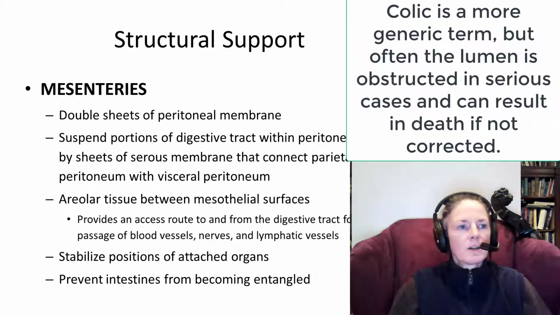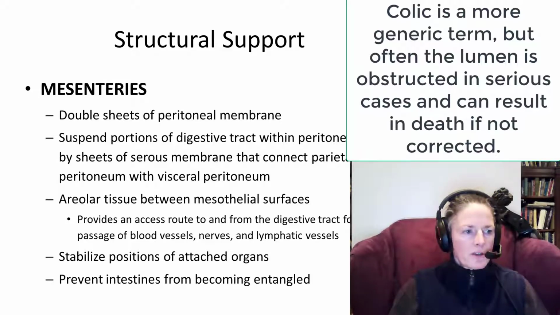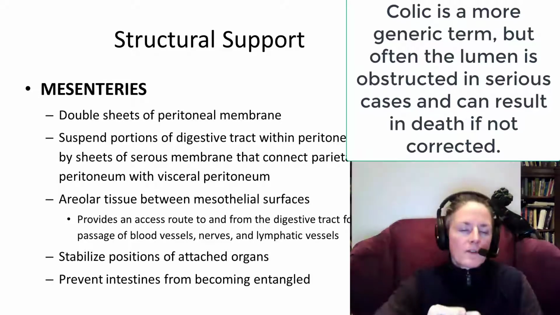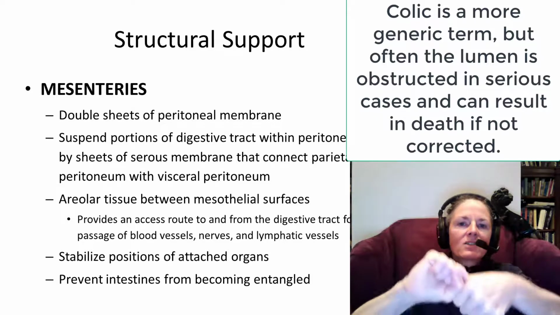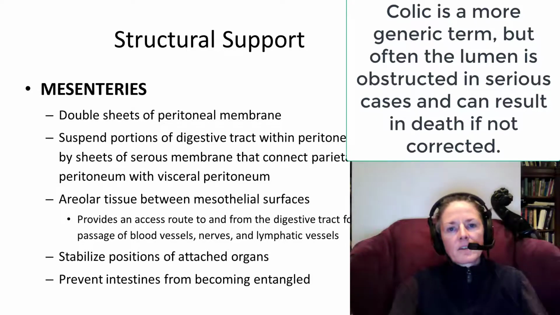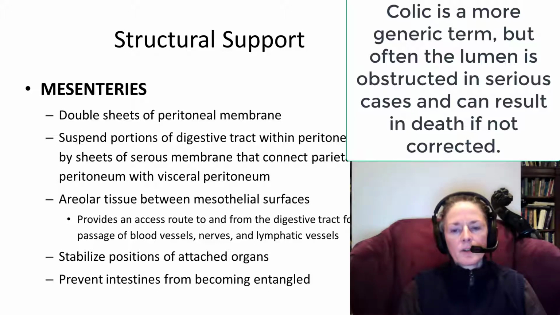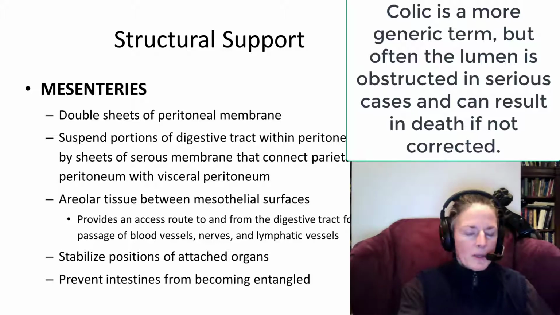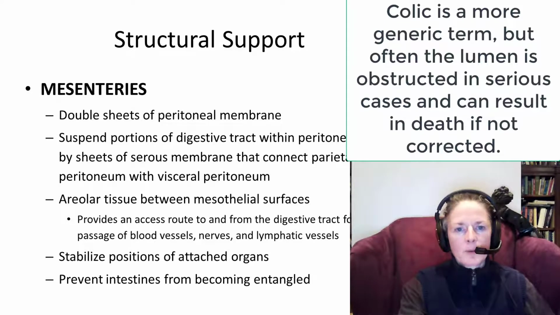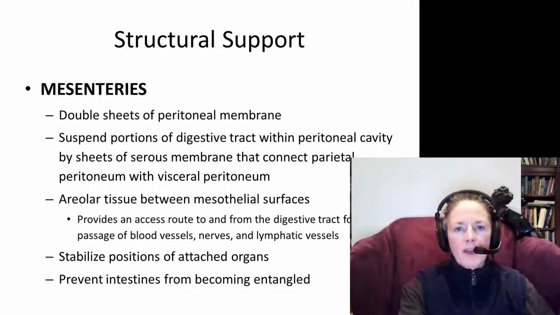Veterinarians have to deal with this all the time with horses. So if the lumen of the intestine gets twisted to the point that it gets closed, there can be all kinds of problems. There's a blockage, nothing can get through, and then the intestines will be entangled, and that's a very bad situation. So the mesenteries help prevent that.